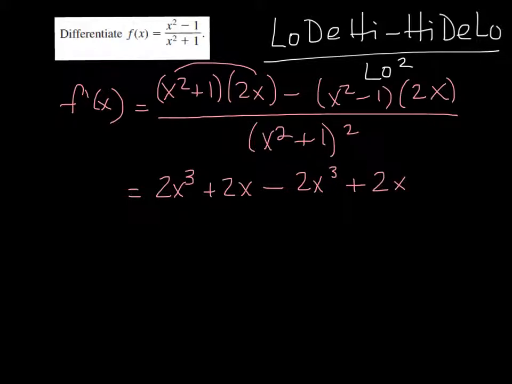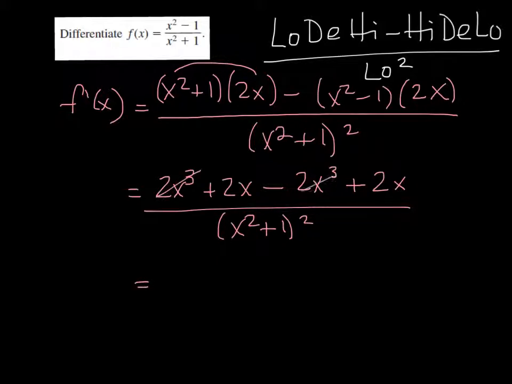The negative of a negative becomes positive. So the 2x cubed, and of course this is all over x squared plus 1 quantity squared. The 2x cubes are going to cancel out. I have plus 2x and plus 2x is 4x over the quantity of x squared plus 1 quantity squared. So that's it. I don't need to do any more multiplication or simplifying this.